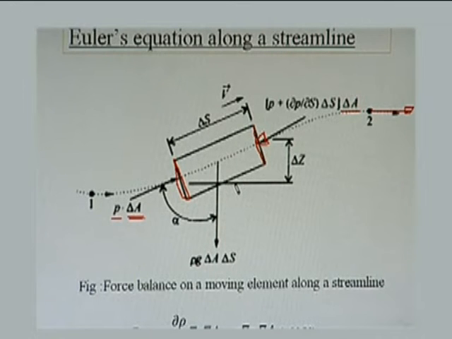Now we are not considering any acceleration here, flow is a steady flow, but there will be one body force. What is that body force? That body force will be acting because of the weight of the fluid element.